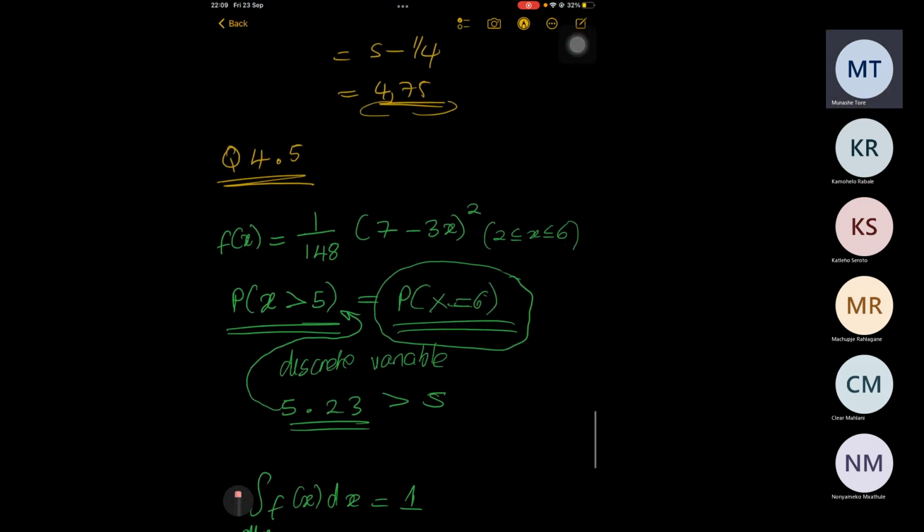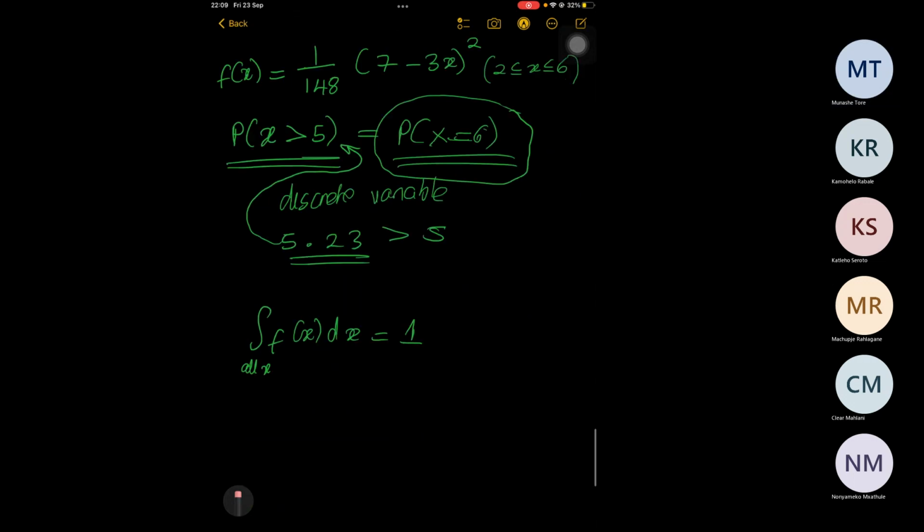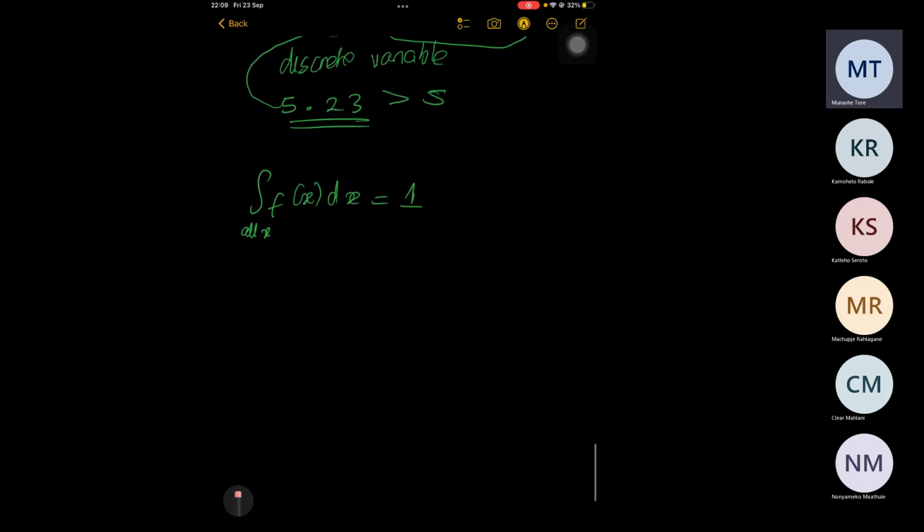So just recap from the start. Here I was saying it's the integral of the function of x dx incorporating all the values of x.